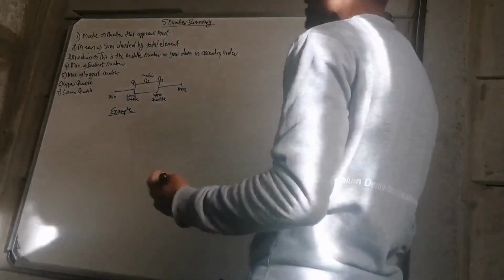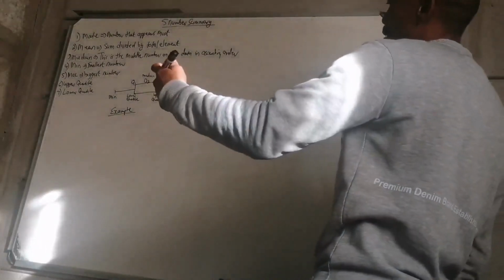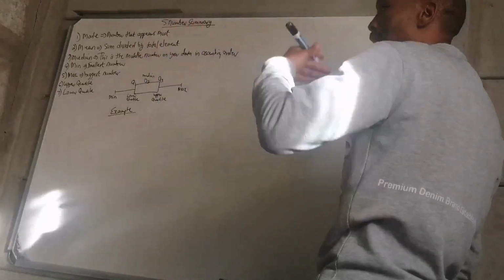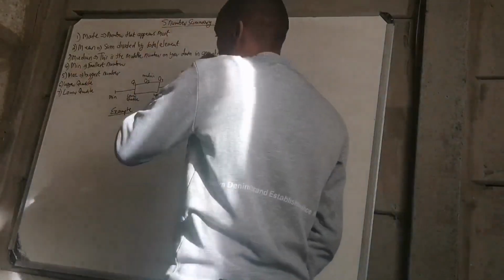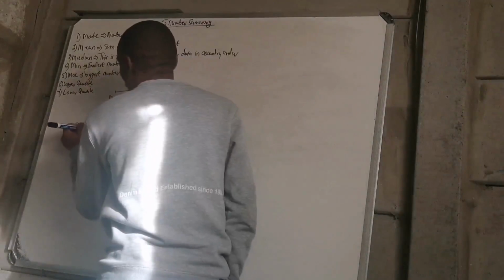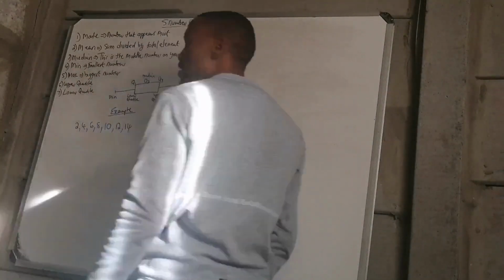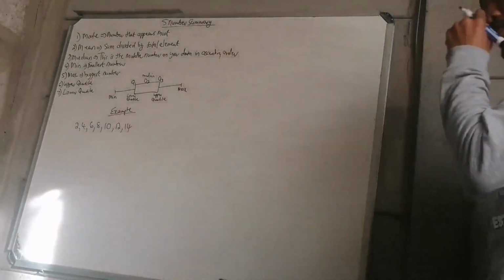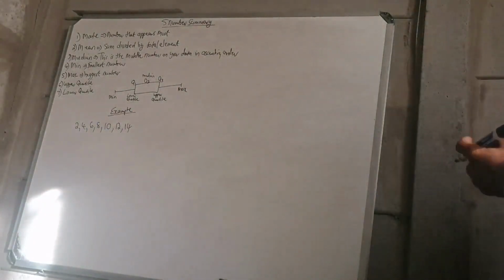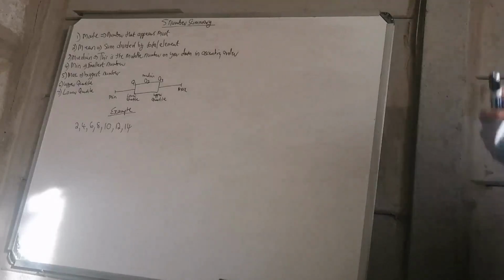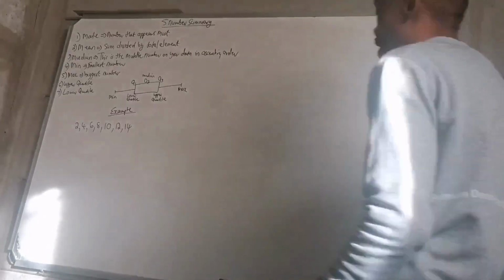Now, suppose we have statistical numbers written in order of increasing items: 2, 4, 6, 8, 10, 12, 14. These are the numbers that you have. The question says, write down the five number summary from the data that is provided.